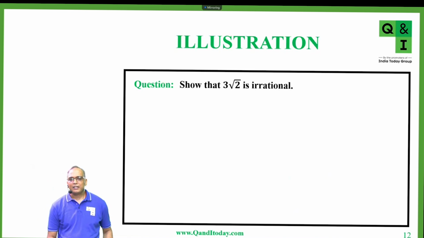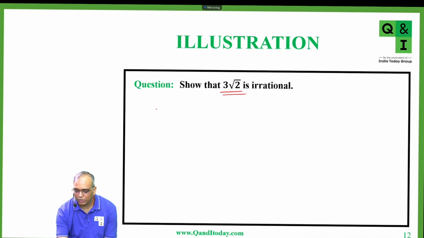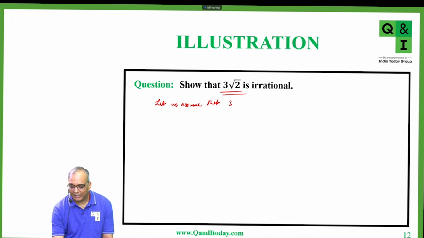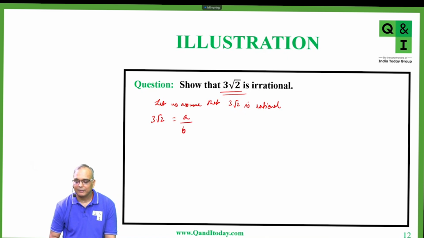Now here you have to show that 3 root 2 is irrational. Again, what you are going to do, let us assume that 3 root 2 is rational. So that means 3 root 2 can be written as a by b.